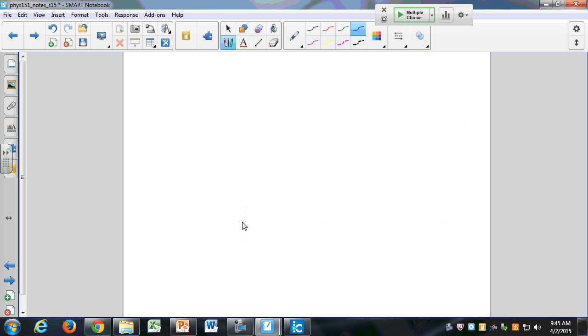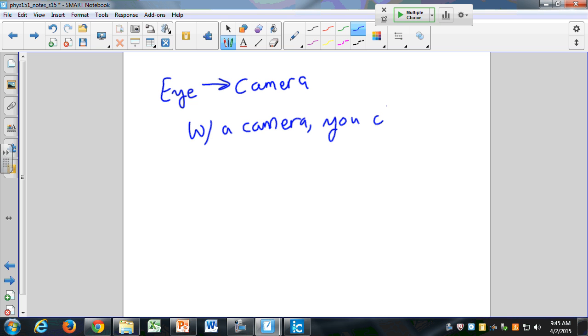Yeah, all right. We can compare the eye with a camera, and your book goes into this a little bit. The main point here, when we compare the eye with a camera, is what do you change about the system?